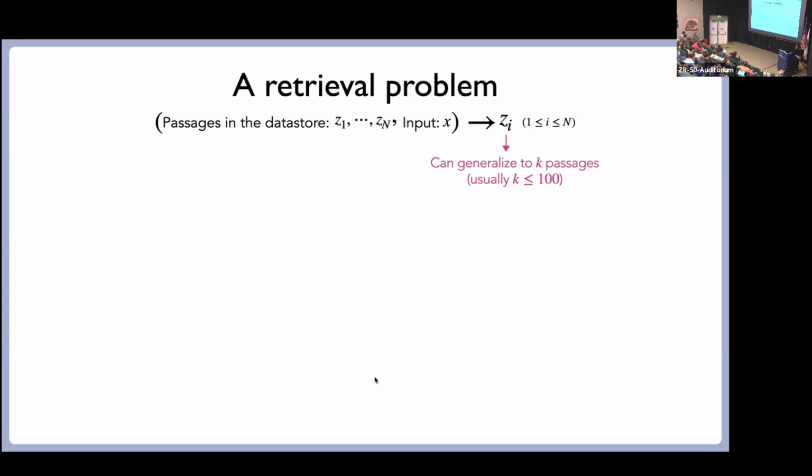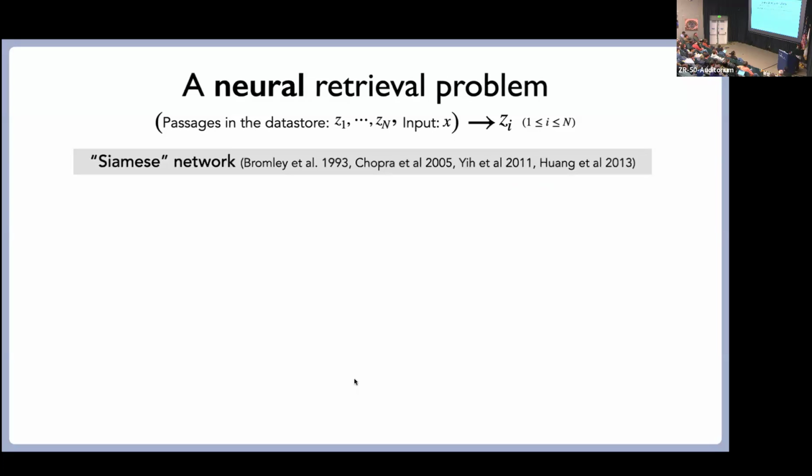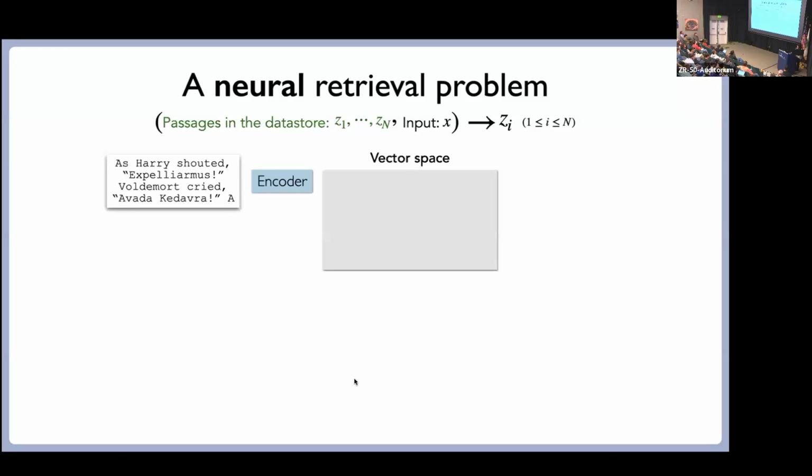There are many different ways of doing this retrieval operation, including some rule-based systems or non-neural models. But in this lecture, I'll talk about the neural approach to solve this problem, which is also known as a Siamese network. The basic idea is this. We have a neural encoder, which maps every text into a vector representation. So we can think of it as having some shared vector space like this, where the encoder maps every passage into one dot, which is one vector representation in this space.